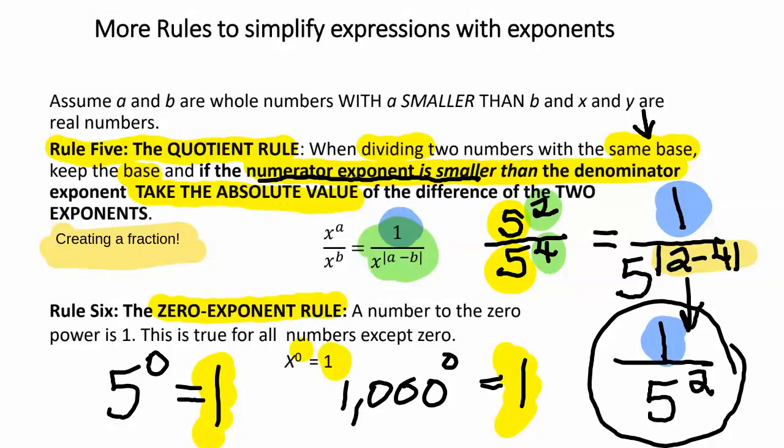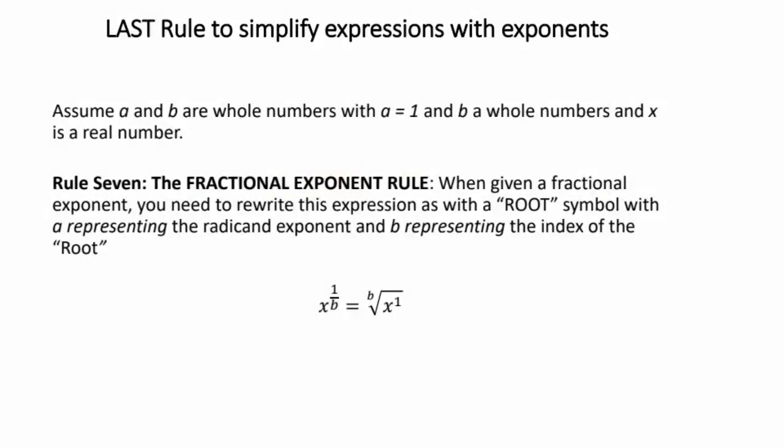Now, our last of 7 rules deals with fraction exponents. Oh, aren't you excited? These are going to be my fraction exponent rule. There we go. The fractional exponent rule. Now, this is what you're going to see. 1 divided by b is the exponent. Now, you need to rewrite this expression as what we call a root.